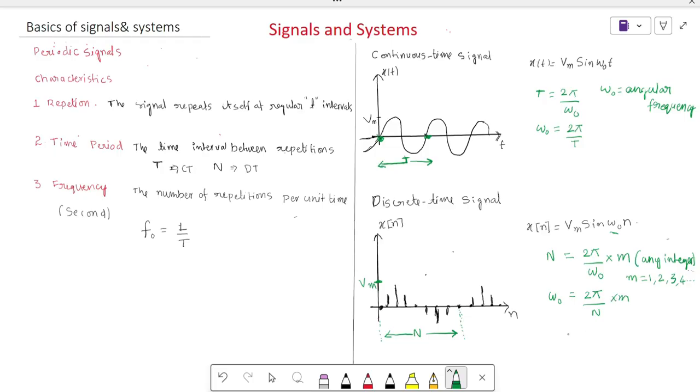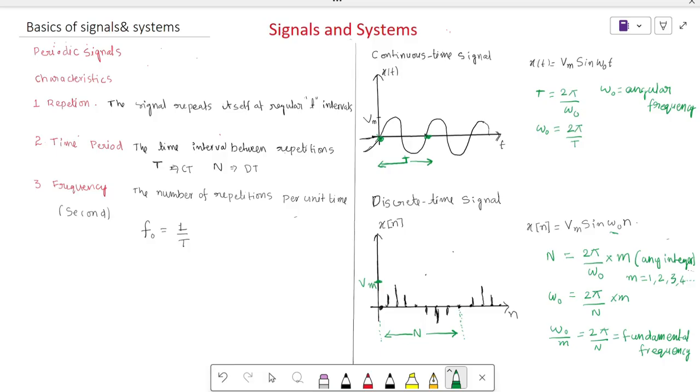So omega naught by m equals 2 pi by capital N. It is called the fundamental frequency. We will discuss what a fundamental frequency is, I will tell you in the problem.